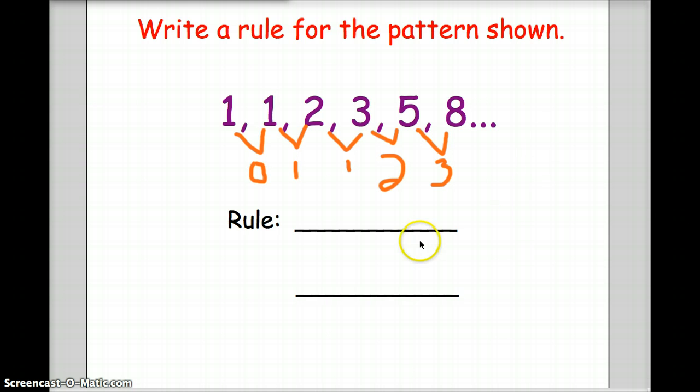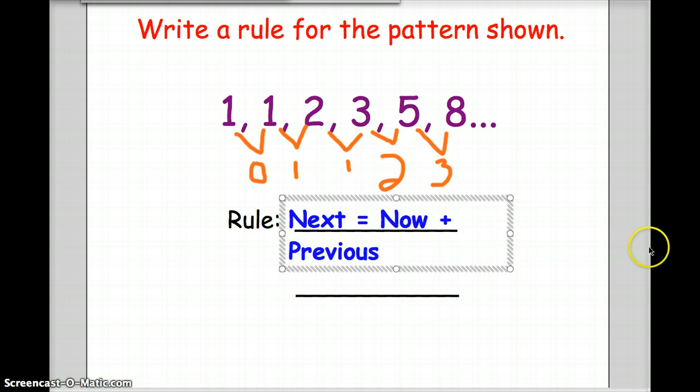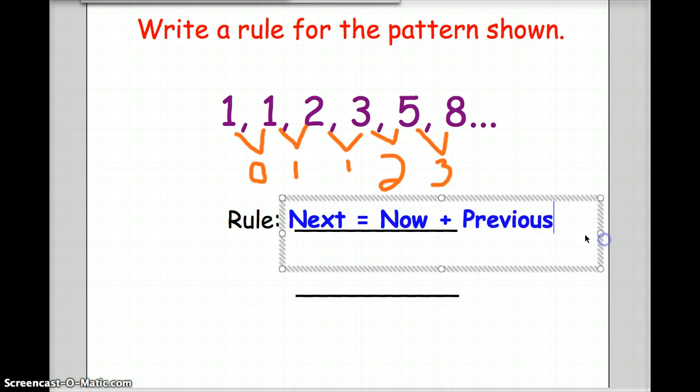For this pattern, we're going to have to employ a new vocab term. We're going to use the word previous, as in the one before. So for this one, to get the next number, I'm going to take the number that I have now plus the previous number. So let's see how that works.